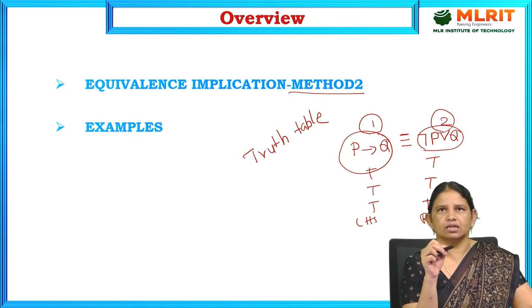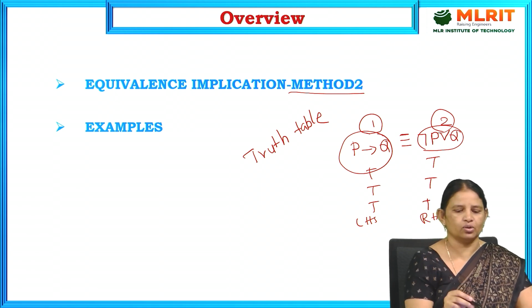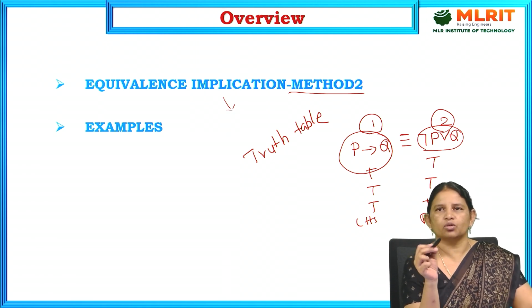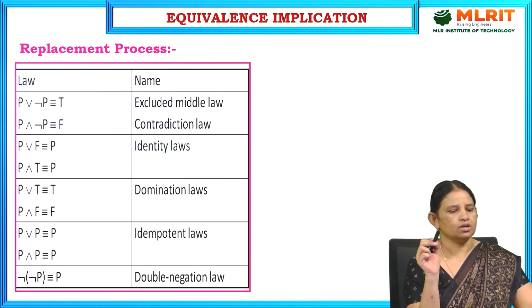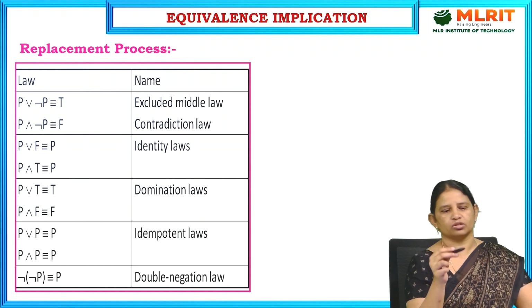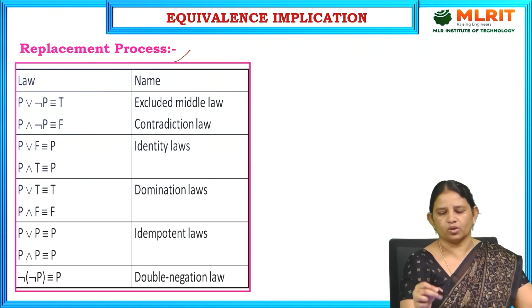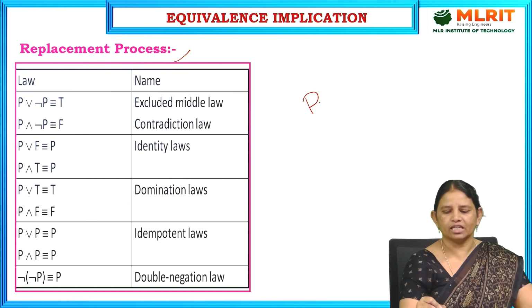In this video, we are going to discuss what is meant by equivalence implication and what examples we need to understand. Before that, we need to understand the laws which are helpful for proving whether two propositions are equivalent or not. The second method is also called the replacement process. Why is it called the replacement process? Because we apply formulas in place of a proposition.